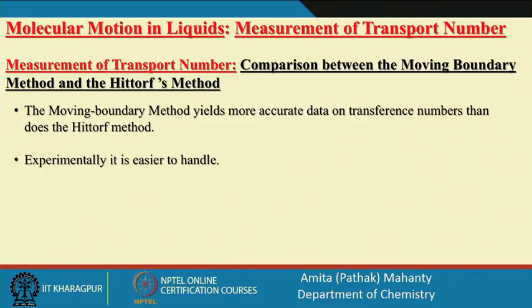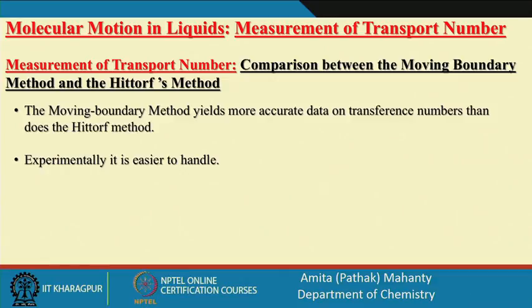These are two experiments used to determine the transport number for a system where we want to find out the fraction of the current carried by the anion or the cation when a mole of electricity is passed through the cell.